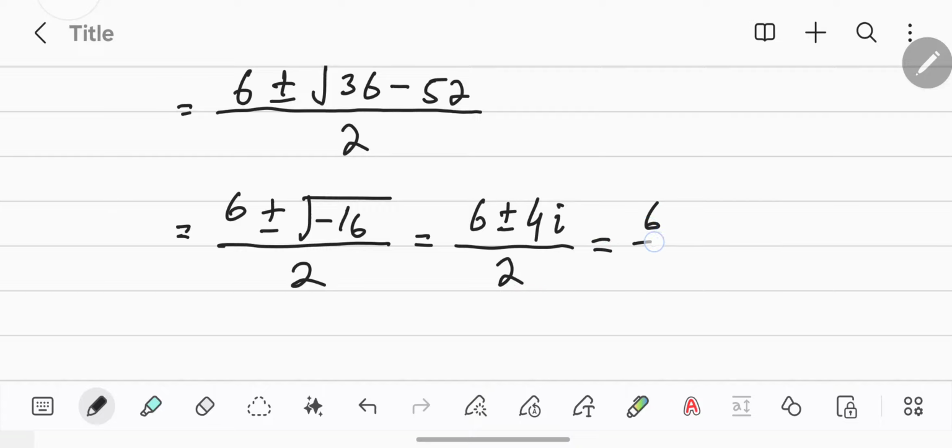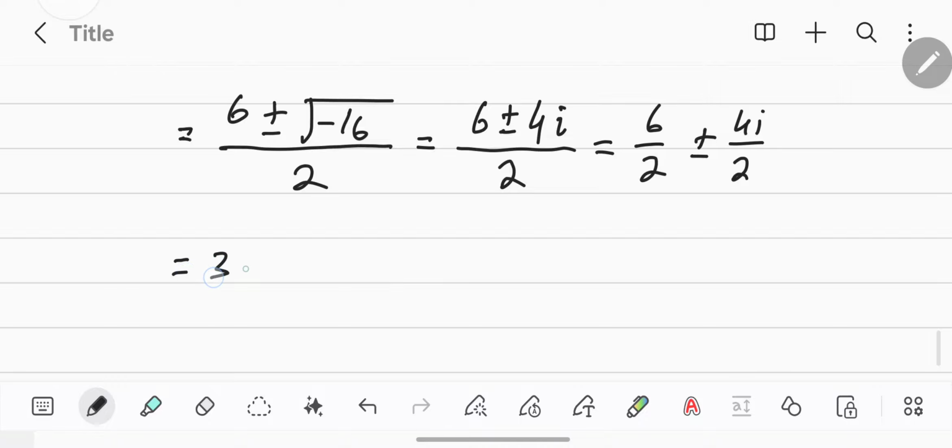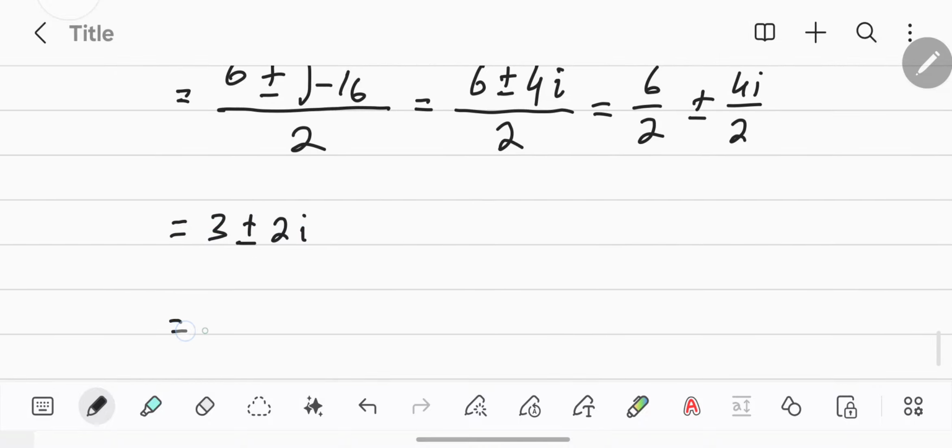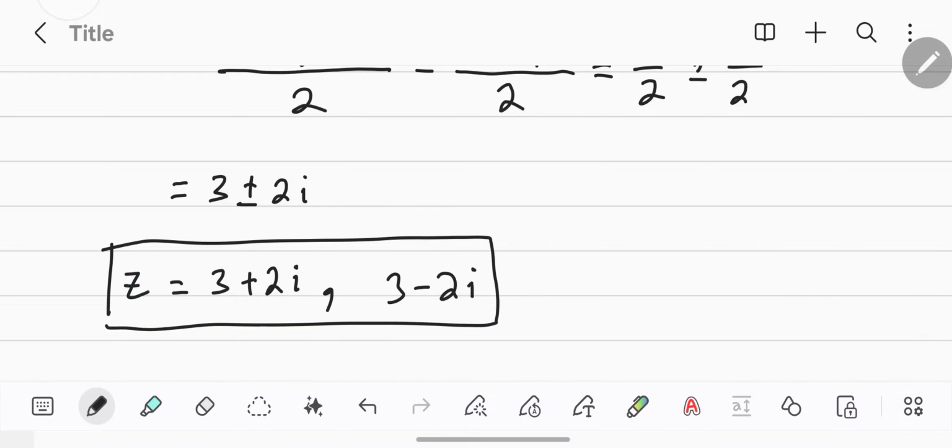So I can write 6/2 ± 4 iota/2, which is equal to 3 ± 2 iota. You can write it this way: 3 + 2 iota and 3 - 2 iota. Once you write with plus and then with minus, it is the same thing. So these are the two solutions of the given quadratic equation.